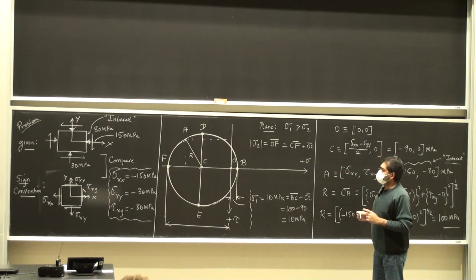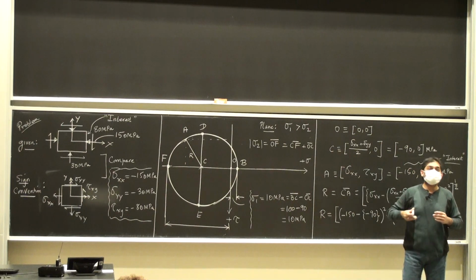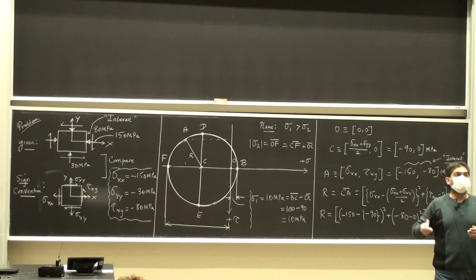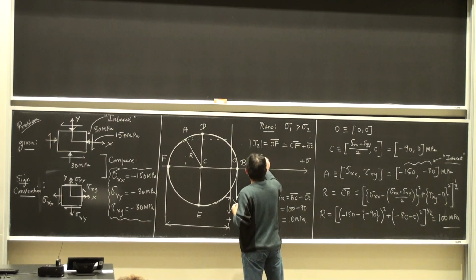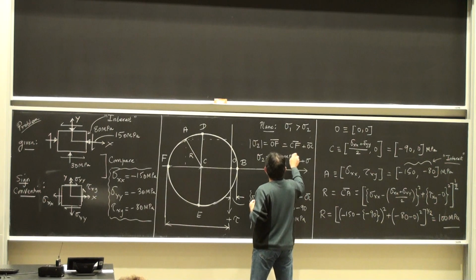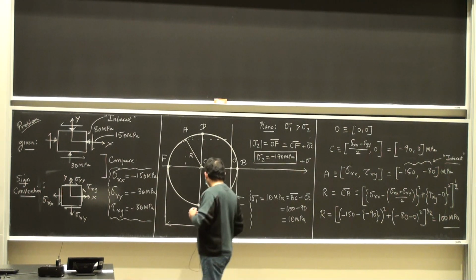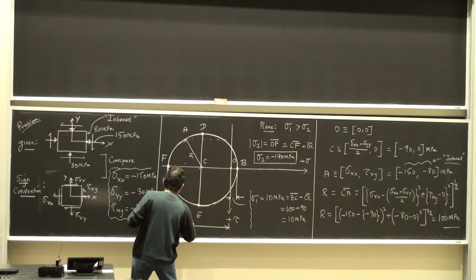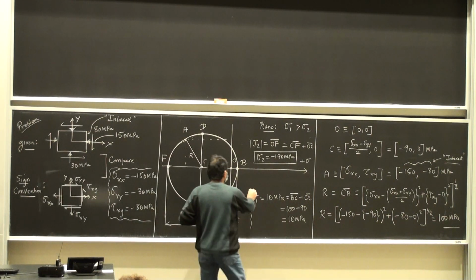CF is a radius, which is equal to 100 megapascals. Distance from O to C is 90 megapascals. So 100 plus 90, 190 megapascals negative. And this is sigma 2. And here is sigma 1.